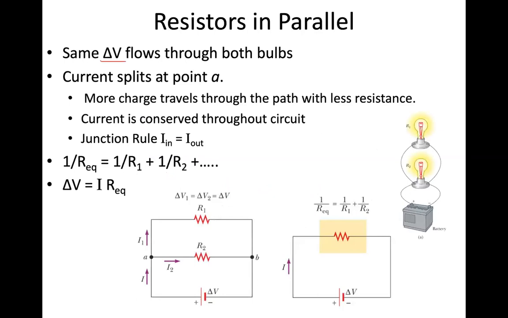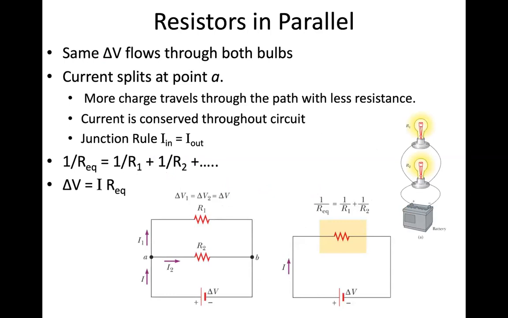Another way to think of it is resistor 1 is fully connected to the battery. It's getting the full connection to the battery. And likewise, resistor 2 is perfectly connected to the battery. It's getting the same voltage as the battery.